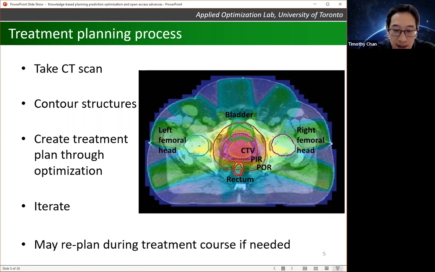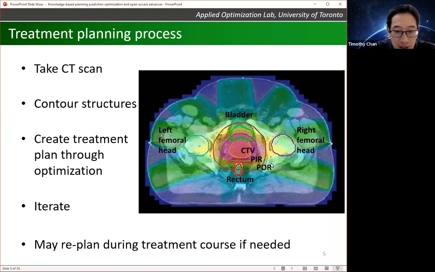So here's an example image of a cross-section of a patient where the tumor is basically this yellow object in the middle. And then you see there are a few other healthy structures nearby. So this is the bladder, this is the rectum, this is the left and right femur bones, so the thigh bones. And this would be a tumor in the prostate of the patient.